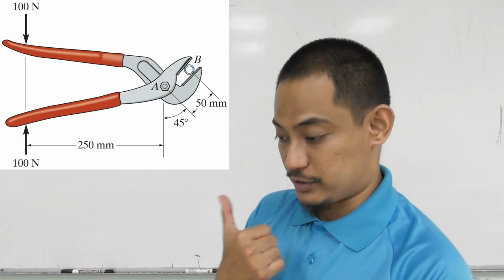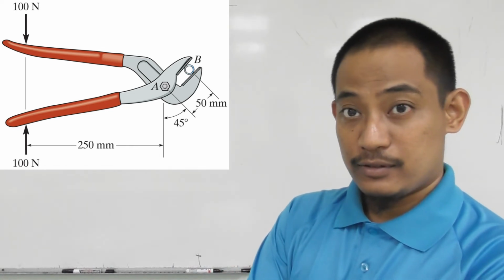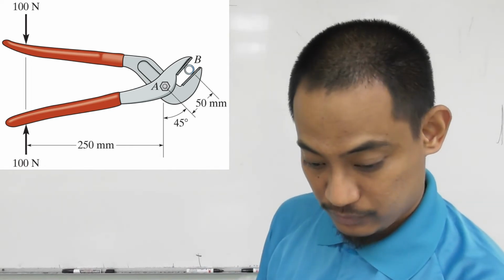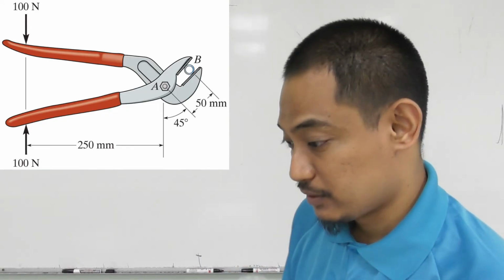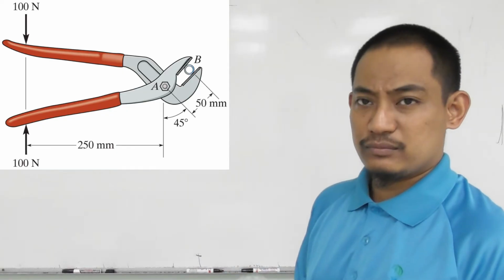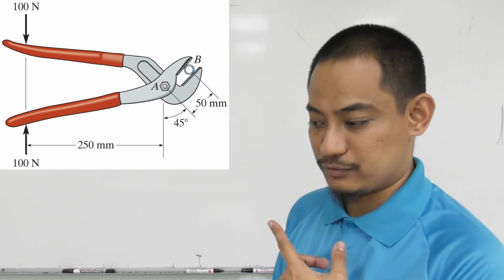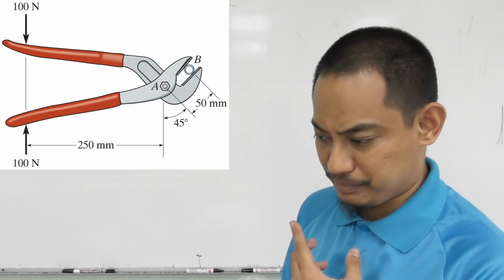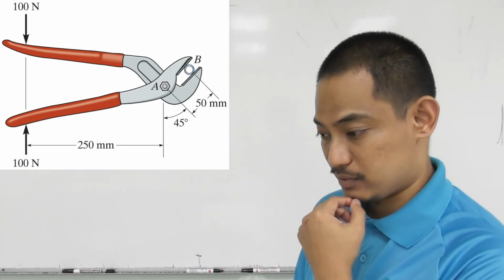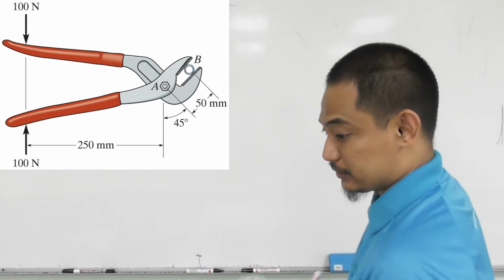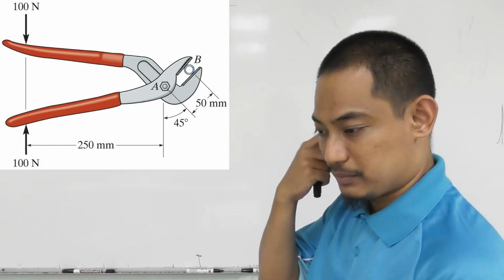Now, to the next question. You can try, pause the video. After that, we'll continue. So, basically, the only thing that you have to deal with here is the pin at A, right? Normally, you assume that as a pin, right? In terms of the effect, right?